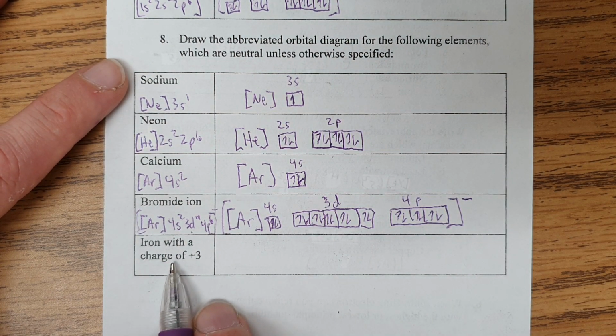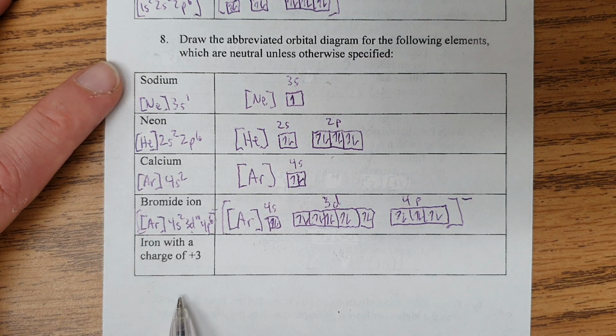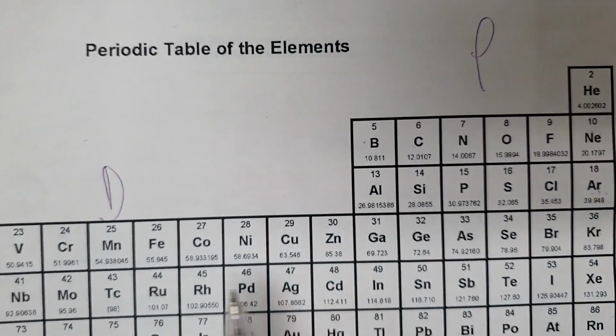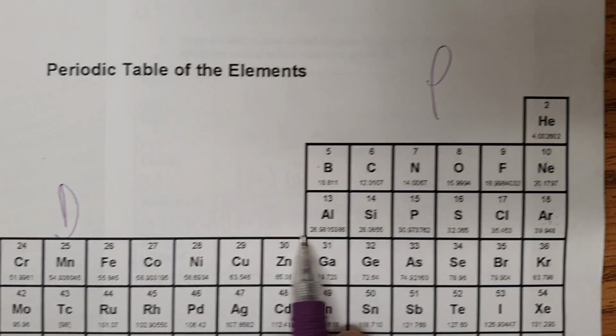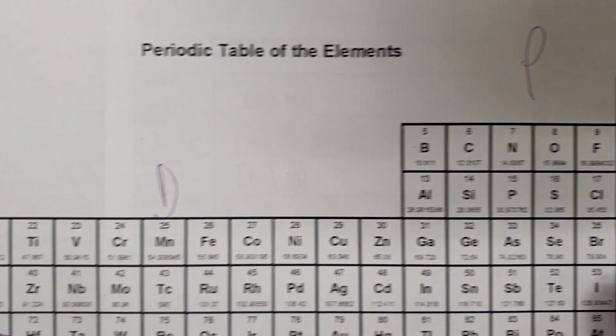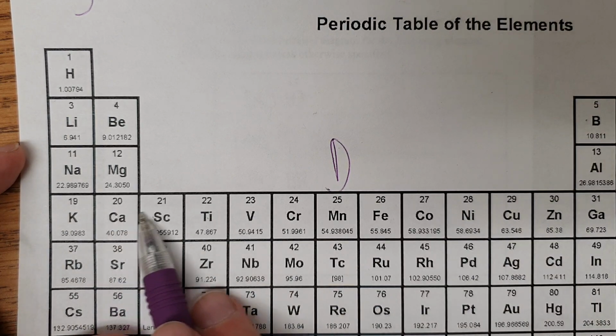Iron with a charge of +3. I'm going to do that one down here. It's going to take a little more space. So let's do iron neutral and then adjust it. So iron neutral means argon plus 4s2 3d6.